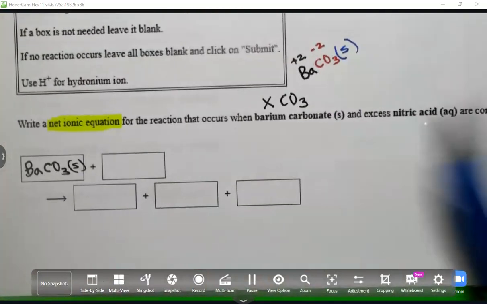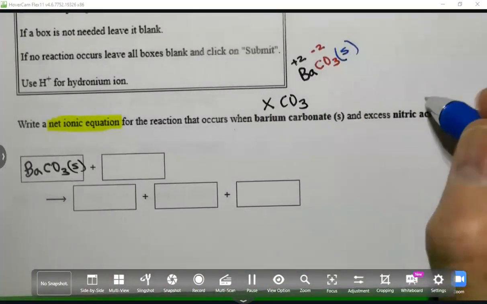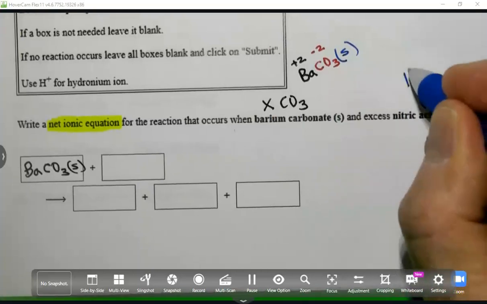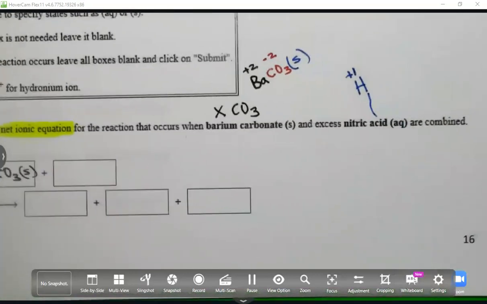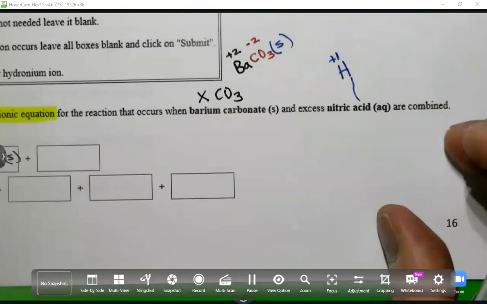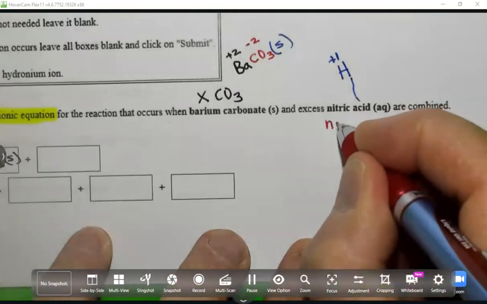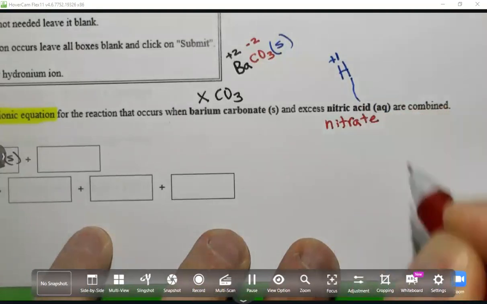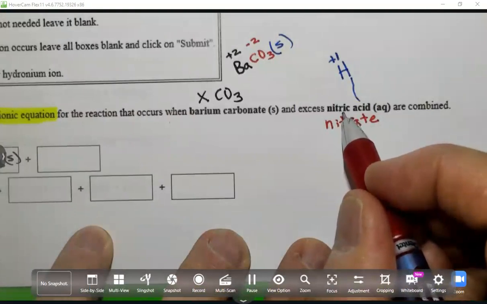Nitric acid. Now, as soon as you see the word acid, we want H+1. And you are going to be looking for nitrate on your pink sheet for the ion. ate has been changed to ic, nitrate.